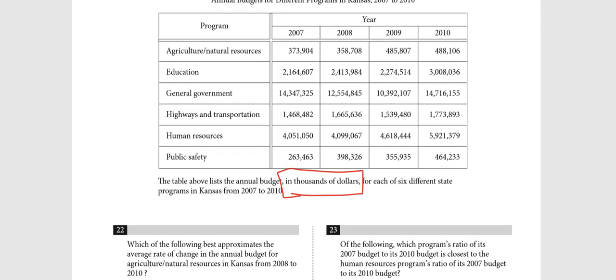What does average rate of change mean? Do we have a fancy word for it? Slope, thank you. In the annual budget for agriculture, natural resources in Kansas from 2008 to 2010. So that's the information I'm focused on.